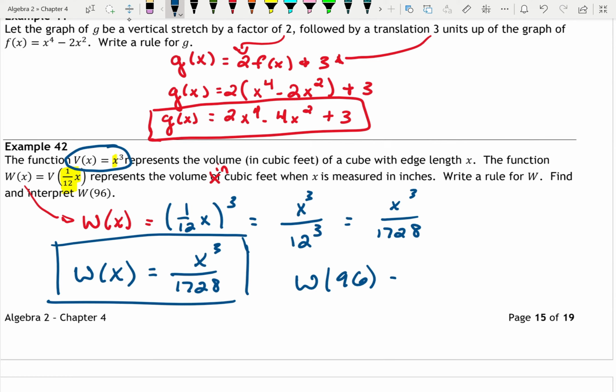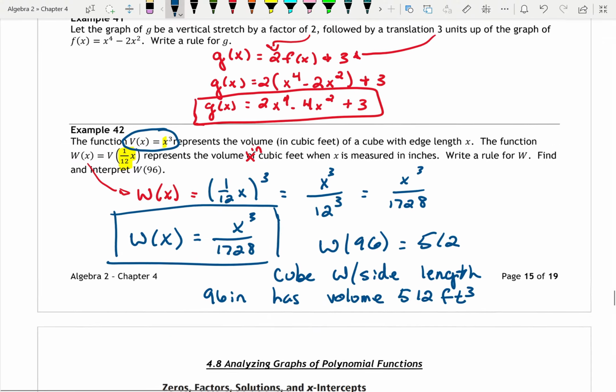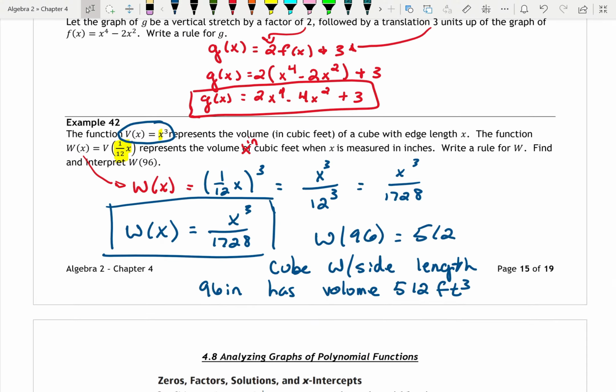That gives you 512. So a cube with side length 96 inches has volume 512 feet cubed. And there we have it. That's going to be our answer.